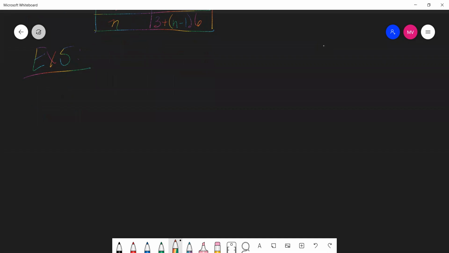Let me write all this out. This is our sequence: 10, 15, 20, 25, 30, 35 to infinity. Our explicit formula is A at some position n equals 10 plus that position number minus 1, or the preceding position number, times 5, which is our difference.